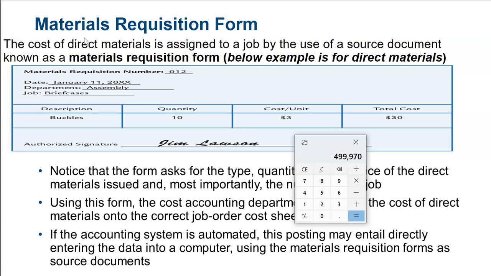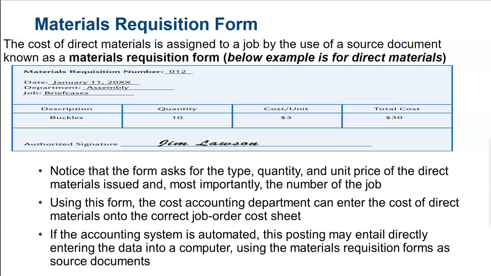Okay, now work in process is not just made up strictly of materials, of course, but that gives us a little insight into that account. So materials requisition form. This is how we move materials from raw materials inventory over into work in process.